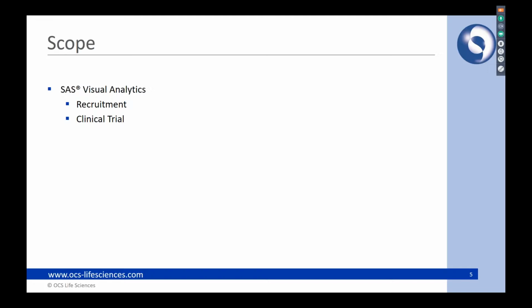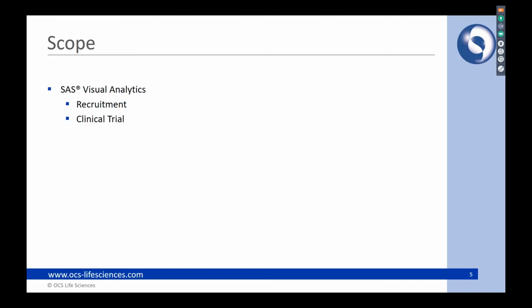The second part of the clinical trial data is subject specific, so really monitoring a specific subject. After demoing these several dashboards, I will also show shortly how to create a simple dashboard in VA, so you also have an impression how easy it is to create these dashboards.